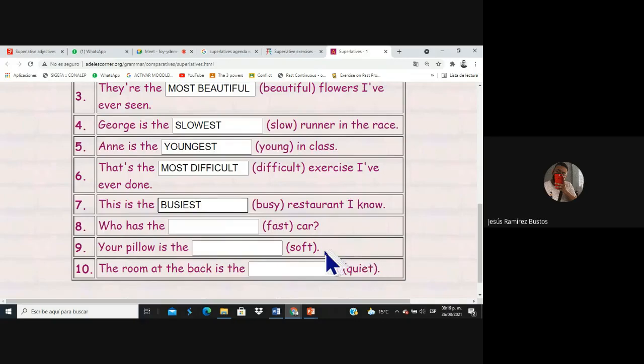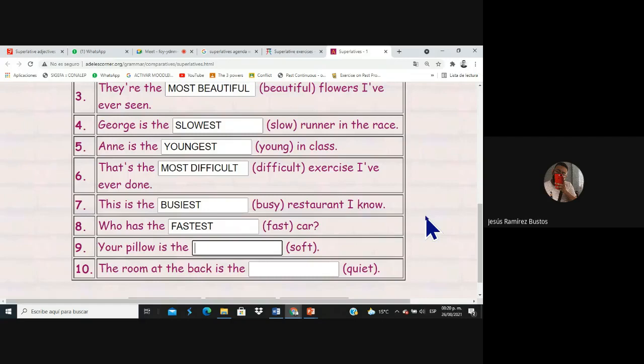Yes, the busiest is the pronunciation. Busiest. Yes. Who has the fastest pronunciation for this is est. Yes, for example, fastest, busiest, fastest. Okay, next one. Who has the fastest car?